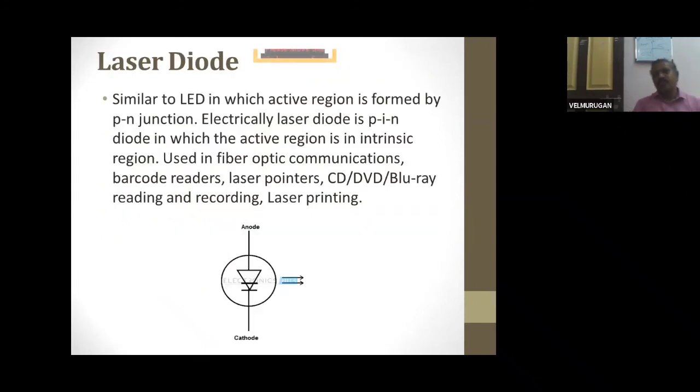Next, the laser diode. Laser is a very good example. You must know about laser diodes. Similar to an LED, light emitting diode, in forward direction processing, you give the forward direction and it glows with light. Your voltage is converted to light energy. Similarly to an LED, the active region is formed by the PN junction. Electrically, a laser diode is a PIN diode, in which the active region is the intrinsic region.